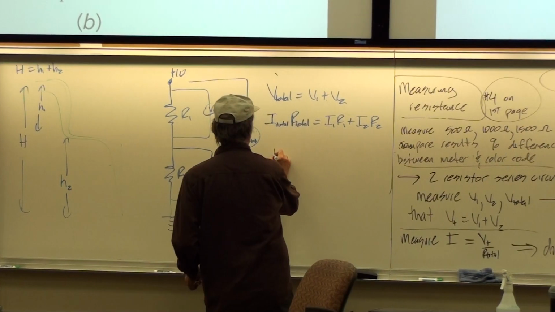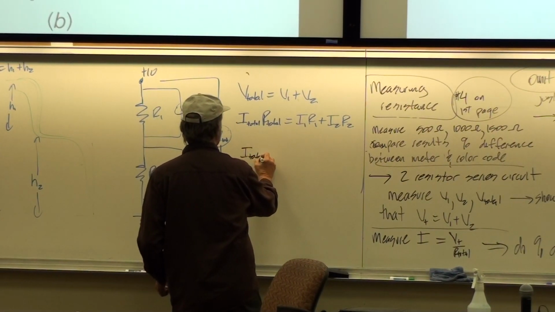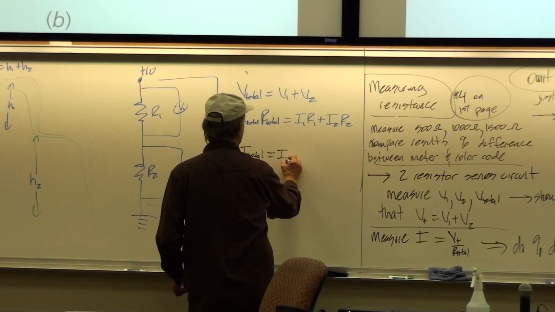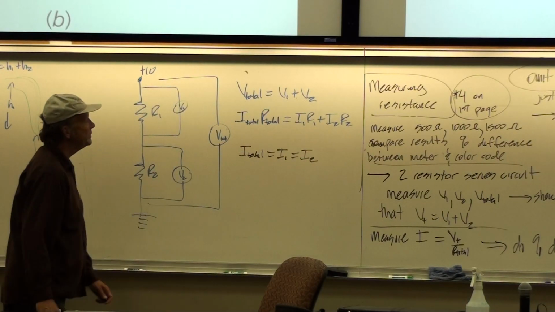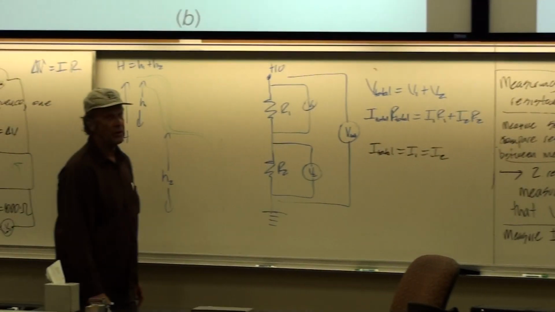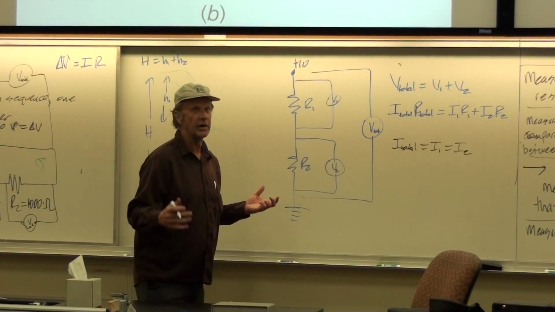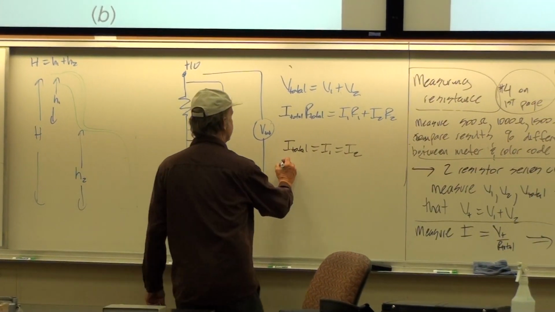And so in other words, I total can't be any different than I1 or I2. They've all got to be the same because there's no other place for the charge to go. There's no forking.